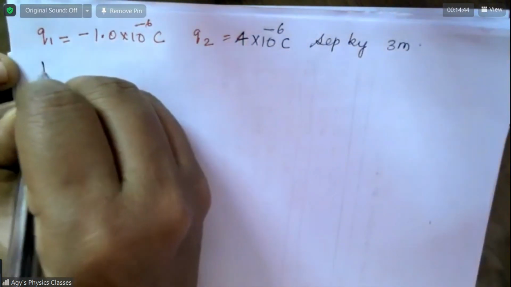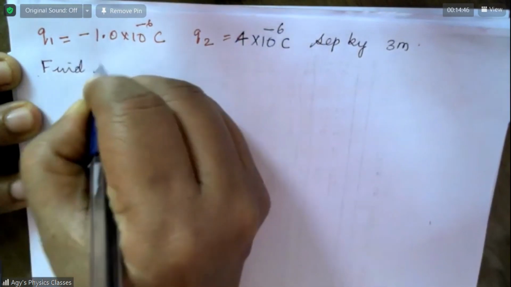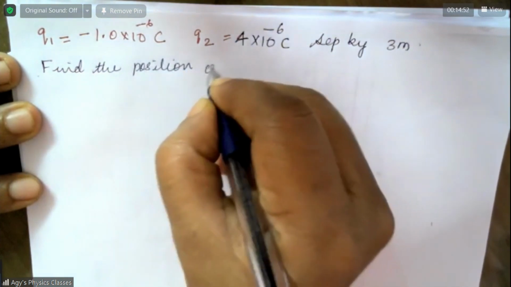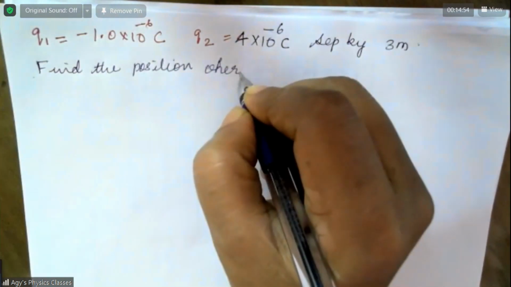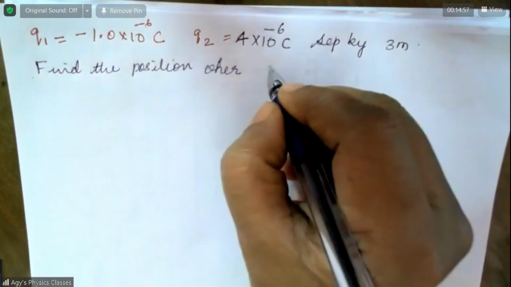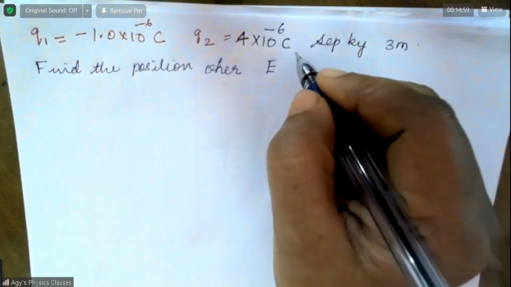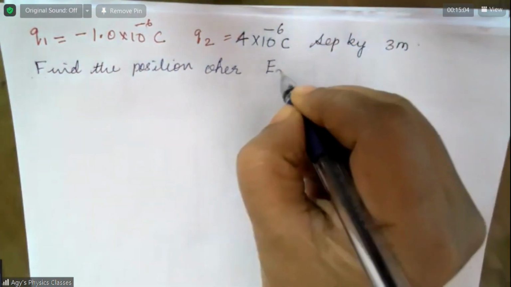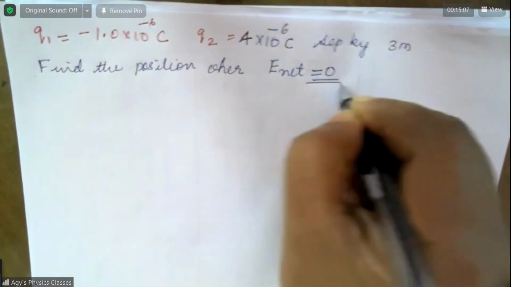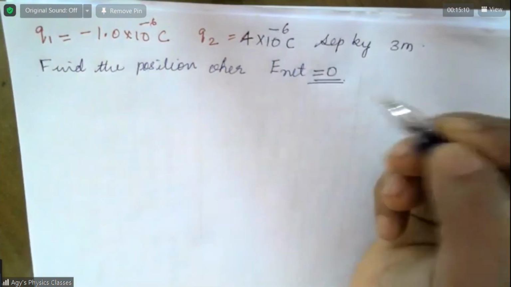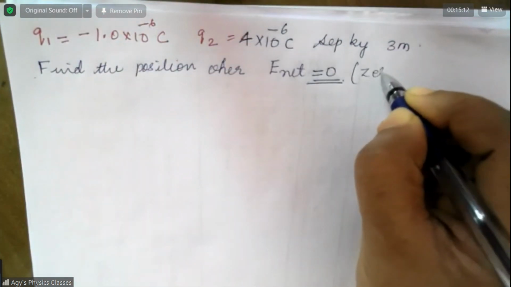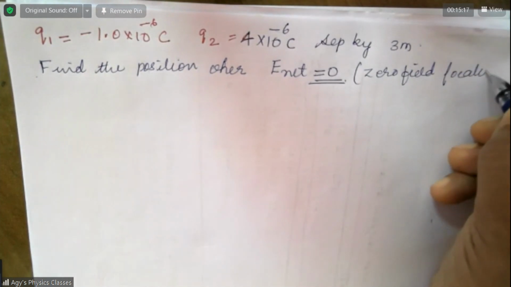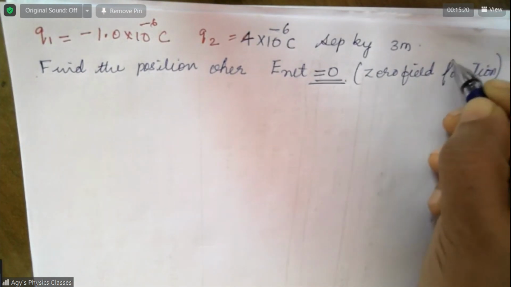Find the position where the net electric field is zero. Zero electric field, zero field location. This is called zero field location.